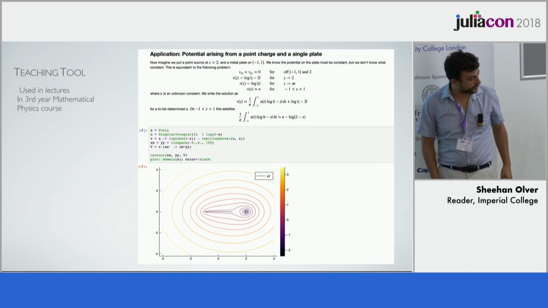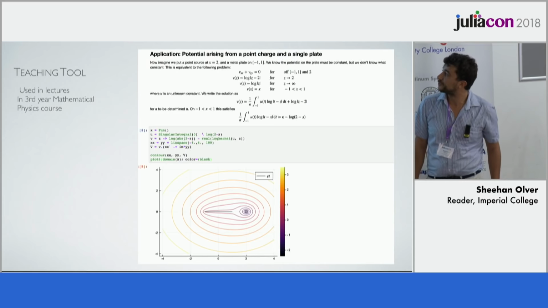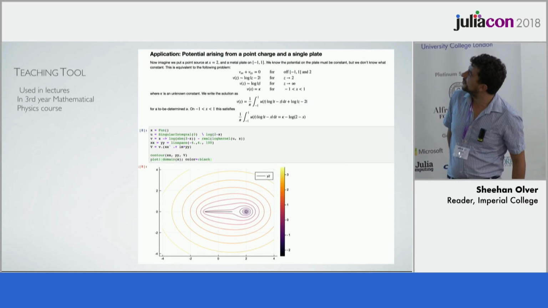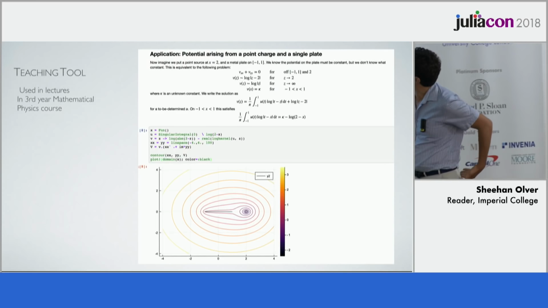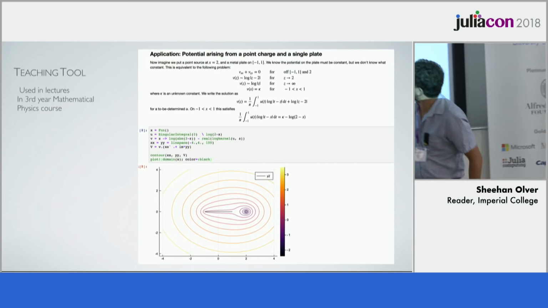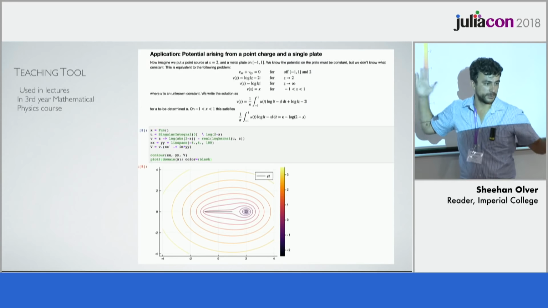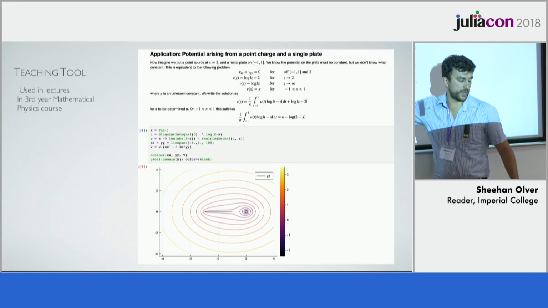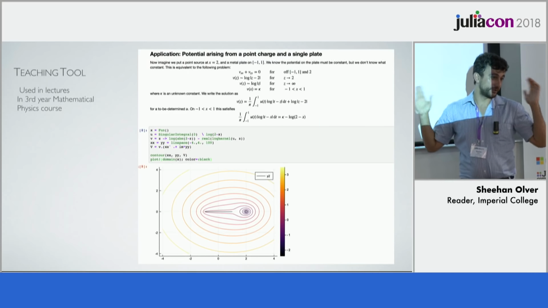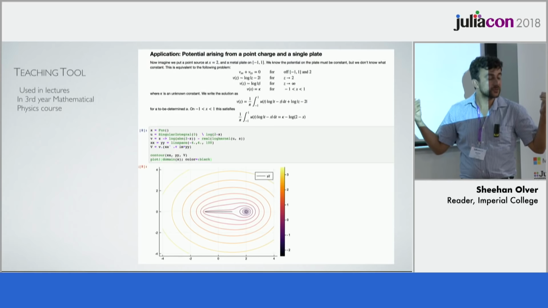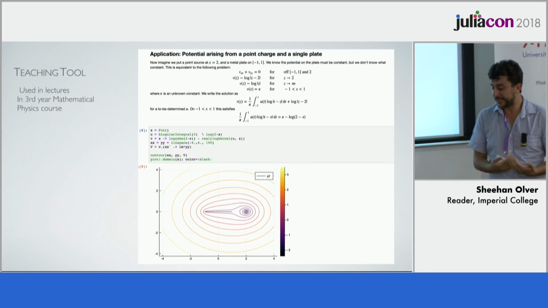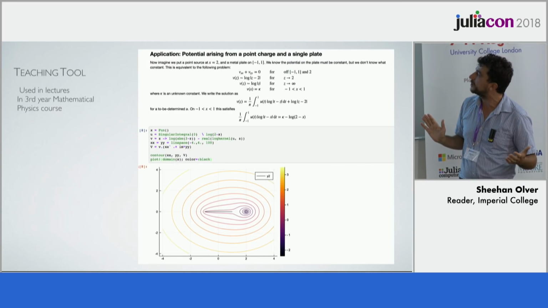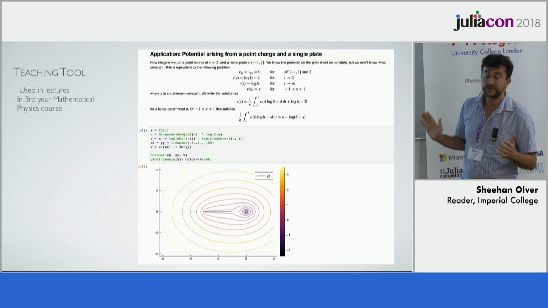All right, here's one more example. This is from a lecture course I give here at Imperial. It's a third-year mathematical physics course. So imagine a plate, and here a plate is really a line, and a potential charge, and the plate has a fixed charge on it. This is a very simple-to-state physical problem, which takes quite a bit of mathematics to write down the exact answer, but building on this framework and principle of writing down the equation, you can solve it.